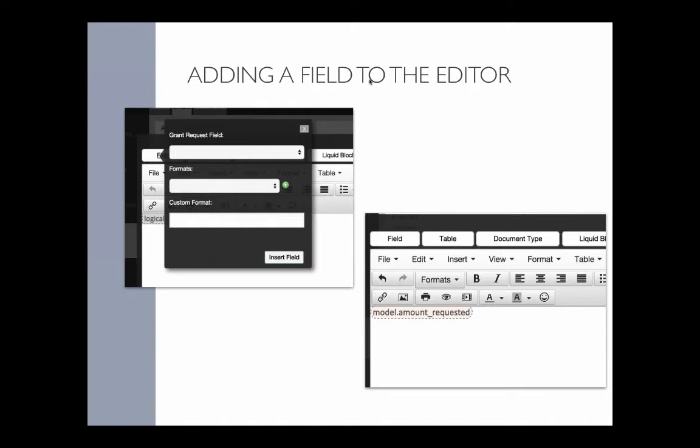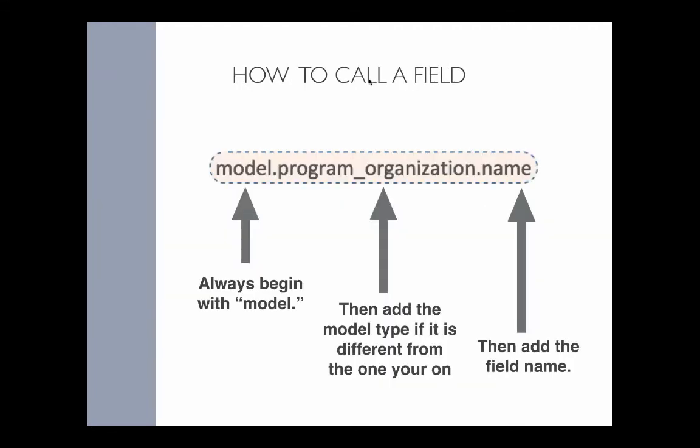Amount requested is an example of a field that's native to this model type, the request model type, and requires no additional model name. An example of a field that would require a model type designation would be the organization name field. So to do this, we would put model.program_organization.name.